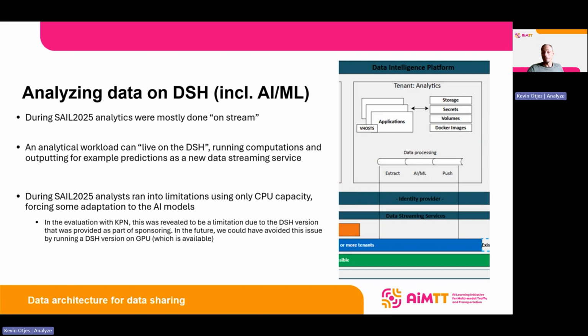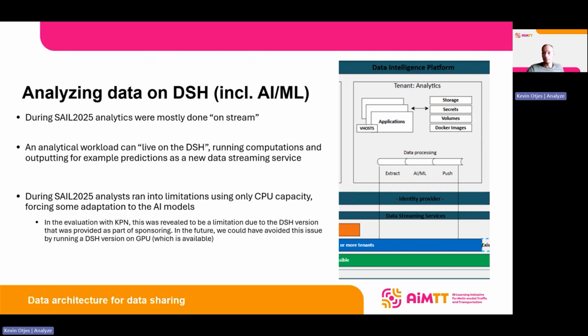There were mainly CPUs being used. In retrospect, and this is something that we discussed after the event also with KPN, we should have used a GPU version of the platform, which was also available but was not provided as part of sponsoring.